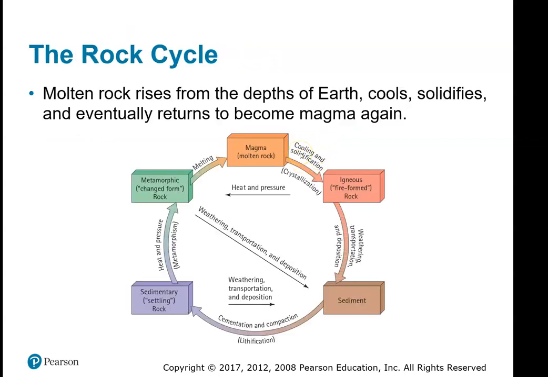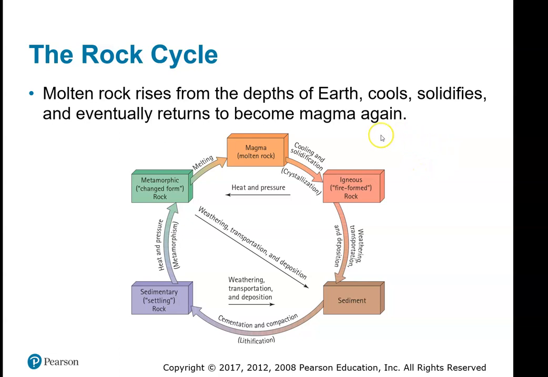All right, so this is where I was just about done with chapter 20. Molten rocks rise from the depths of Earth. They cool, they solidify, and eventually they can return to magma again. That does happen over the course of billions of years.